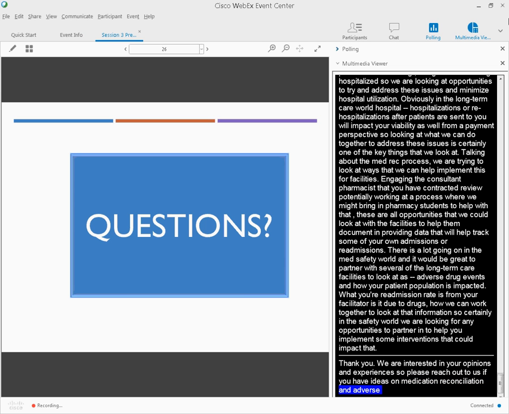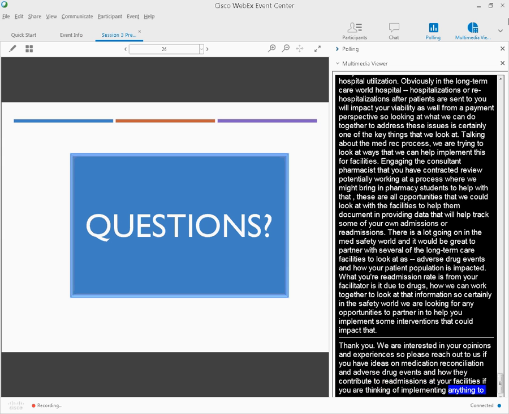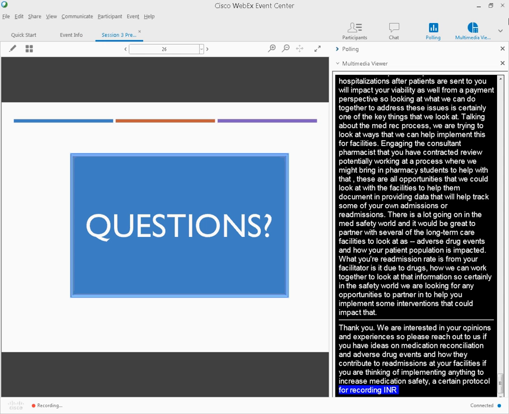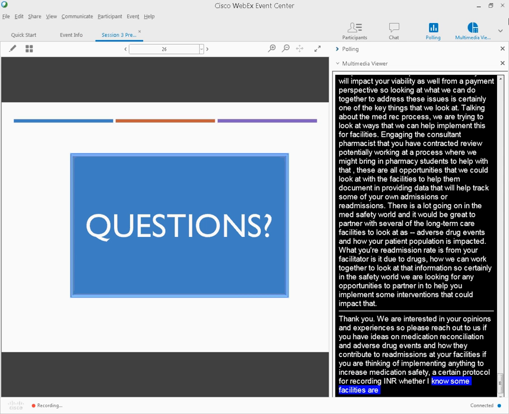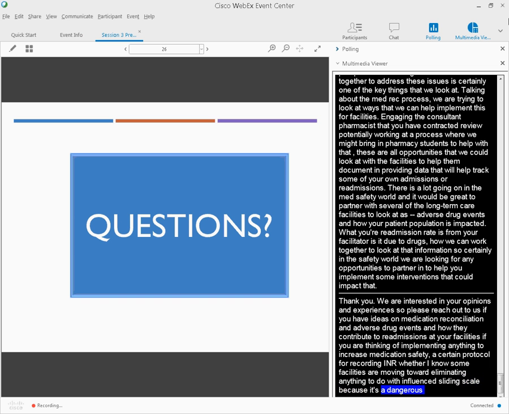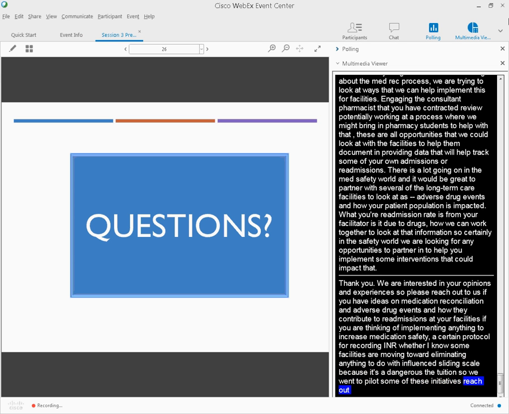If you are thinking of implementing anything to increase medication safety, whether it's a certain protocol for reporting INRs, or, I know some facilities are moving towards eliminating anything to do with an insulin sliding scale because of the dangers there, if you want to pilot some of these initiatives, please reach out to us because we're very interested in that.